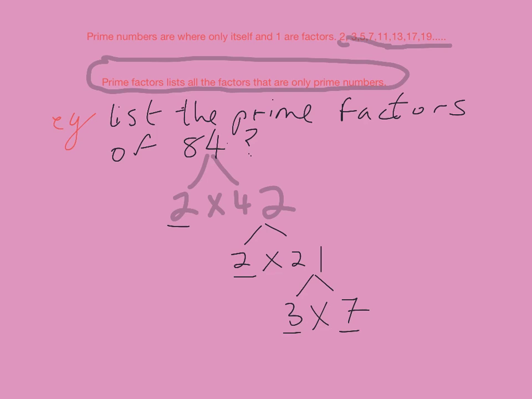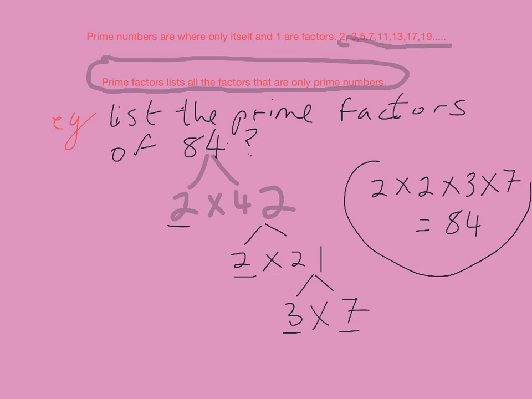So I actually have everything prime. So I know that the prime factors now of 84 are 2 by 2 by 3 by 7, which will give me 84. And that's listing them all out, and that's how you find the prime factors.